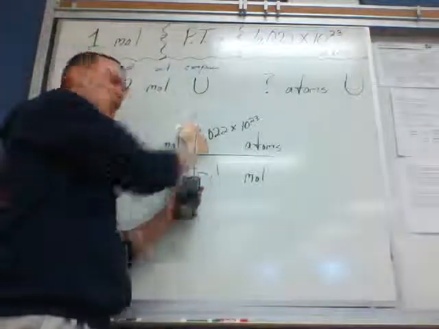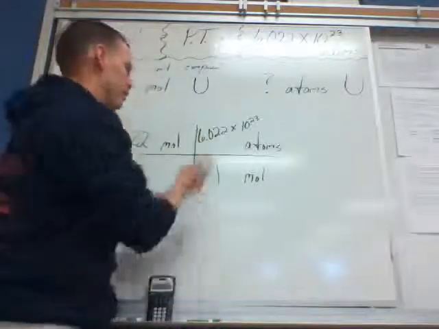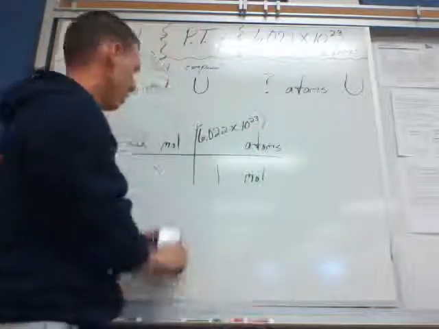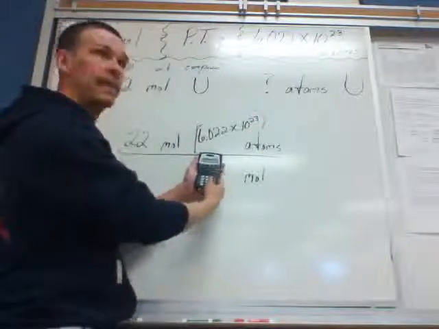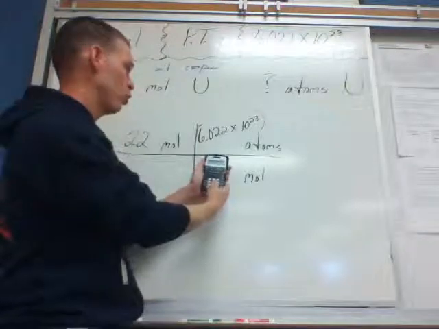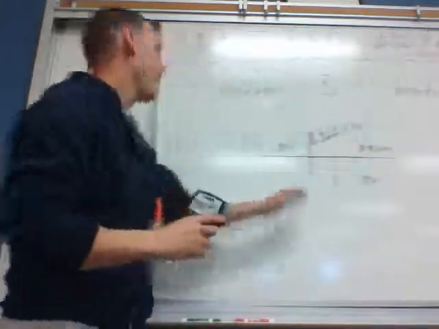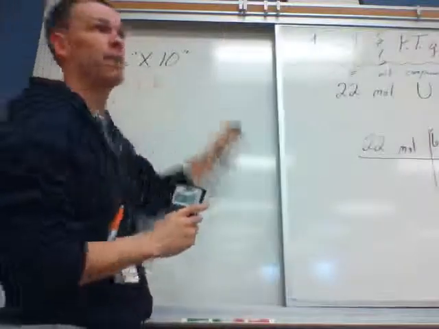All right, it's safer to put scientific numbers in parentheses because order of operations can jack with you. 6.022. Yeah, you see that times 10? I've got a letter that can do the times 10.